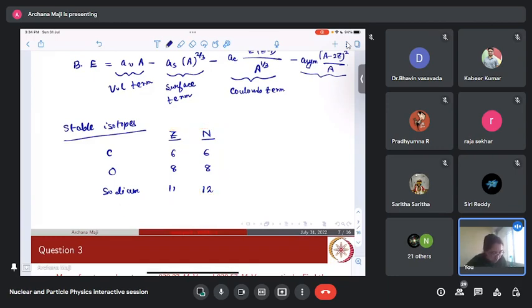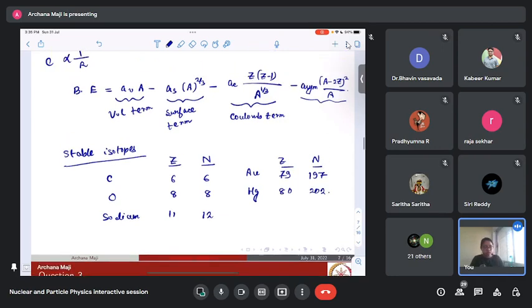But if you consider heavy elements, for example gold or mercury, for them the neutron number is almost double the proton number. As well as for mercury it is 80 and 202.